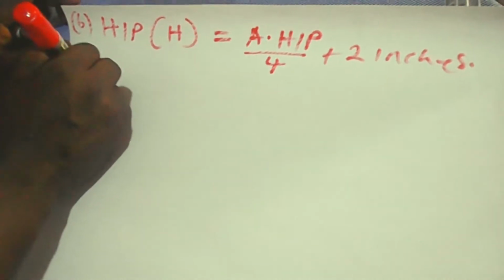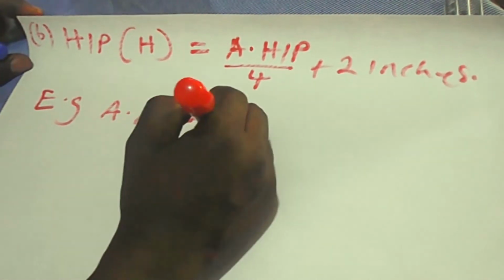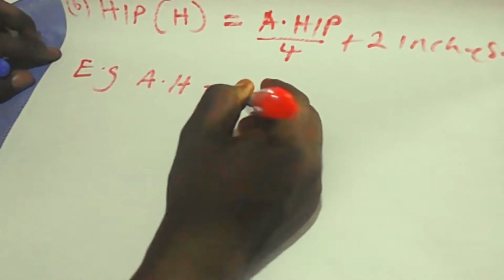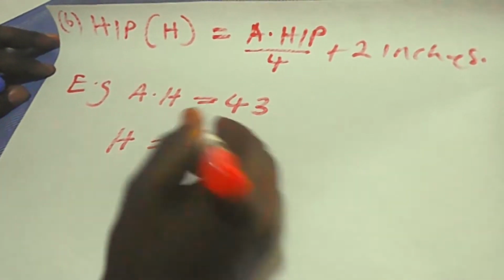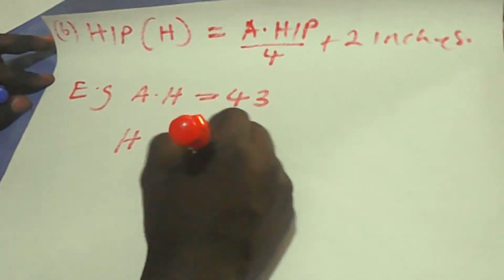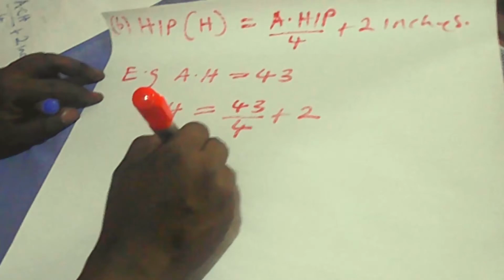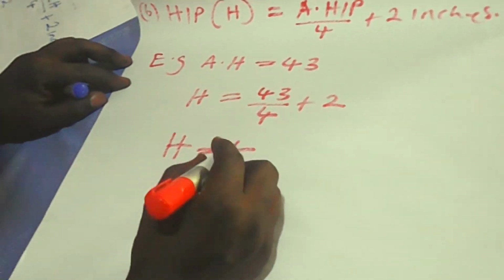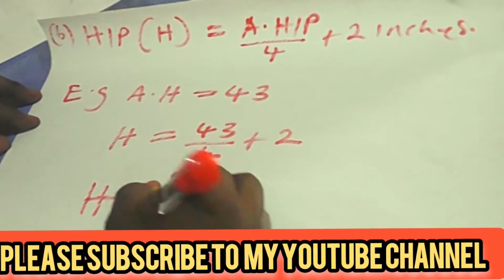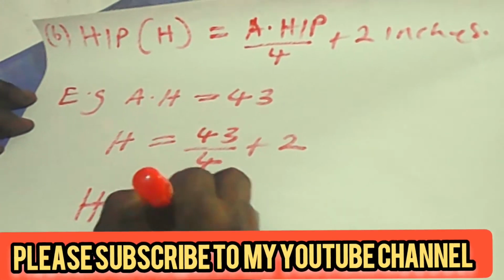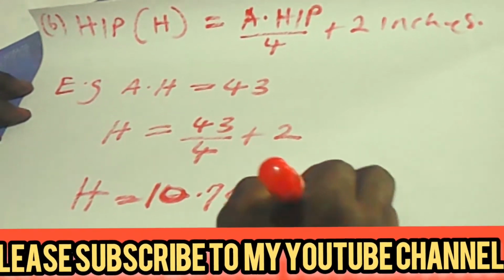Okay, for example, if the actual hip measurement of the client is 43, the hip you are going to use when cutting will be 43 divided by 4 plus 2 inches. 43 divided by 4 is 10.75, plus 2.